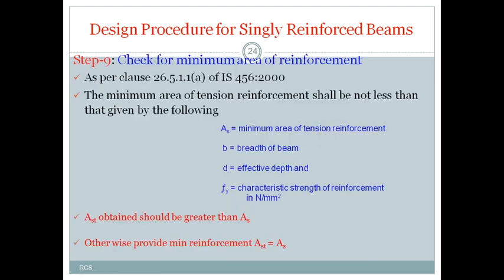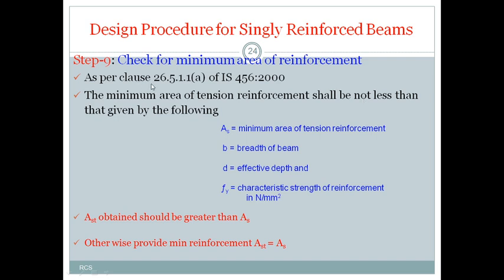Right. Now the design is over. Now we have to check whether the designed cross section of the beam and the area of steel provided are really safe. So first we have to check for minimum area of reinforcement.